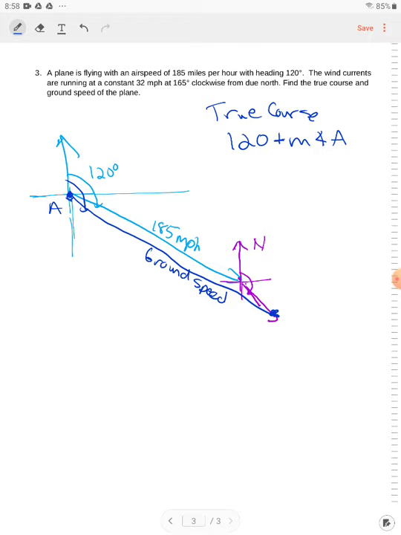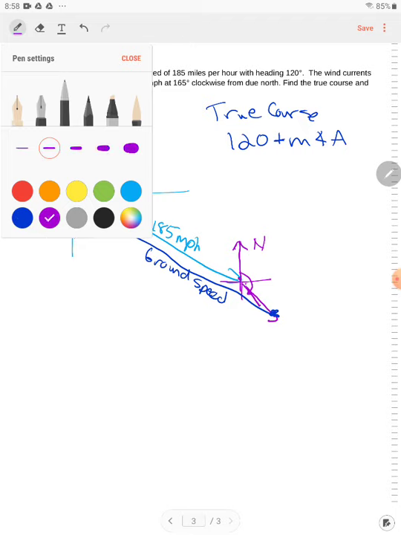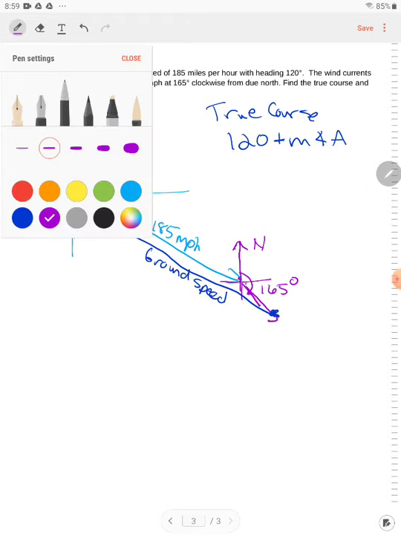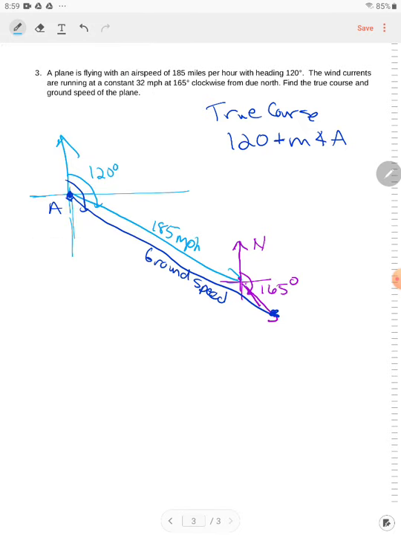All right. So we know that this is 165 degrees. If we look at this right here, this is called a linear pair, 60 and 120.